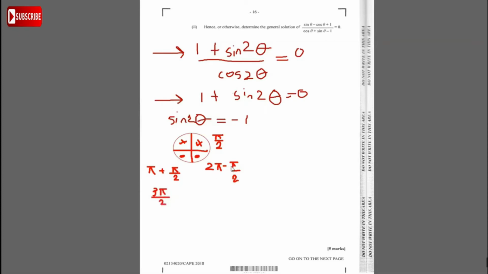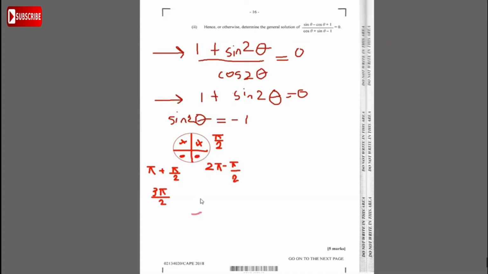And 2 pi minus pi by 2, that is, multiplying up, I'm getting 4 pi, still 3 pi by 2. So the same angle is in the third and the fourth quadrant.